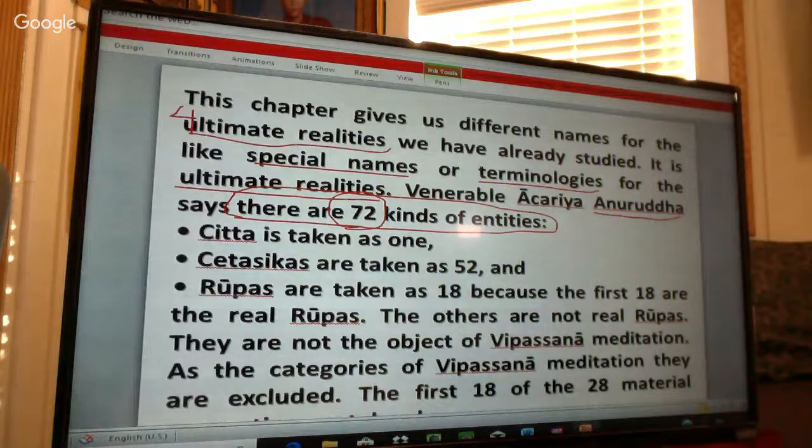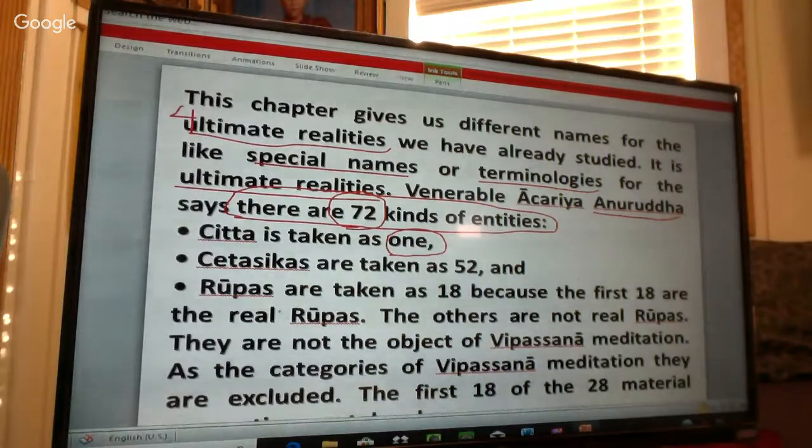If we analyze the ultimate reality according to the characteristic, Citta, mind, is taken as one, because all kinds of mind have the characteristic of knowing the object. That's why Anuruddha called the mind one, not 89, not 121. Understand?